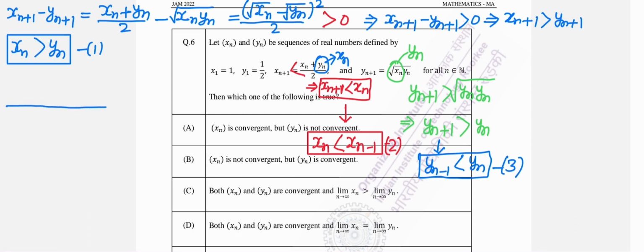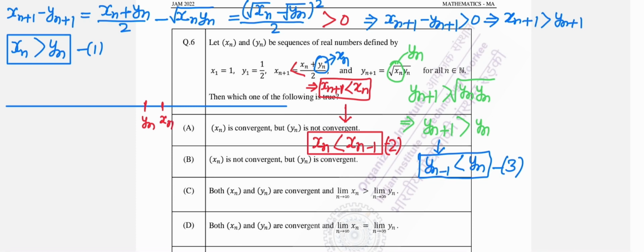This is our number line. First see this one, x n is greater than y n. So here will be some y n, then here will be x n.